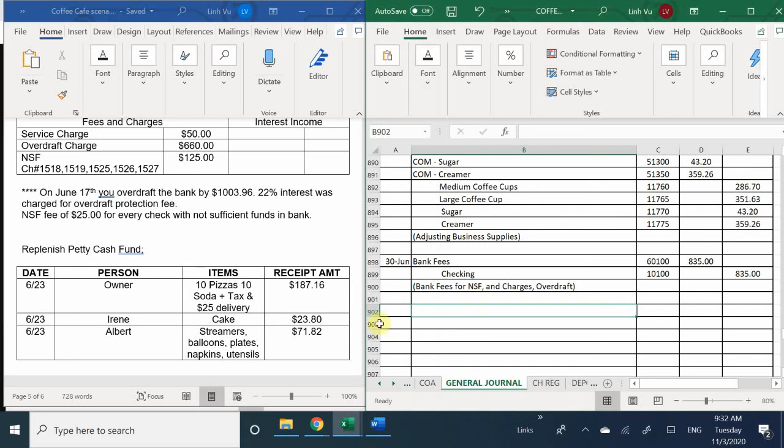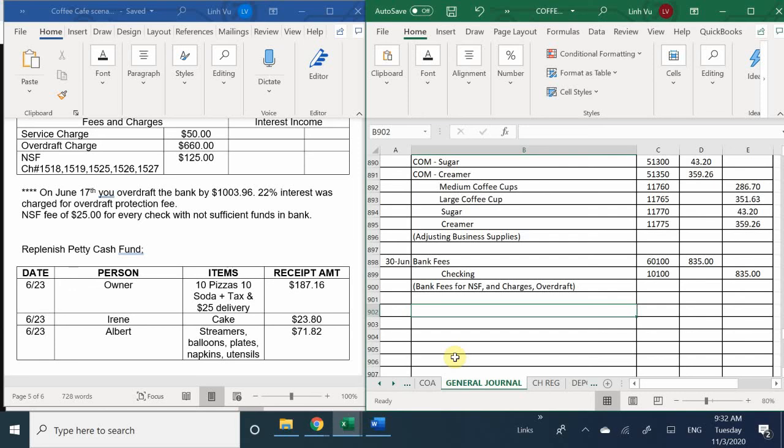Right? In what order? What comes first? Business expense would be credit. Why would business expense be credit? If you took it out from the petty cash. Would it be checking first because we're taking from the checking and then business expense because we're replenishing it?